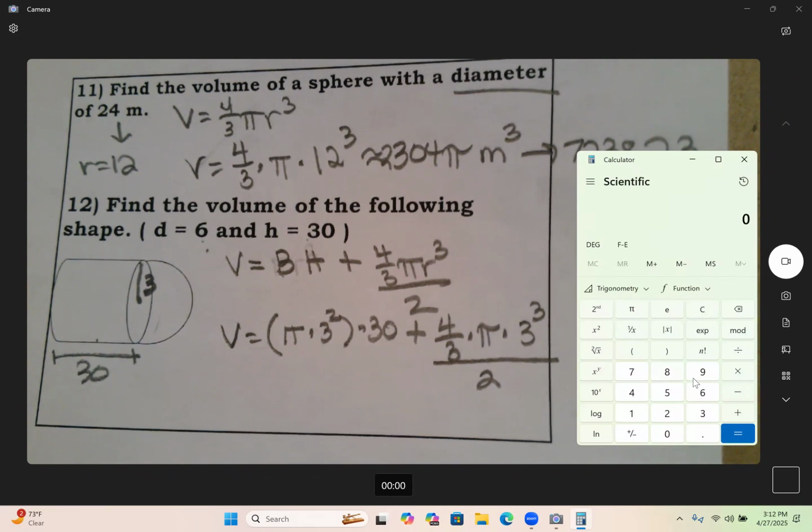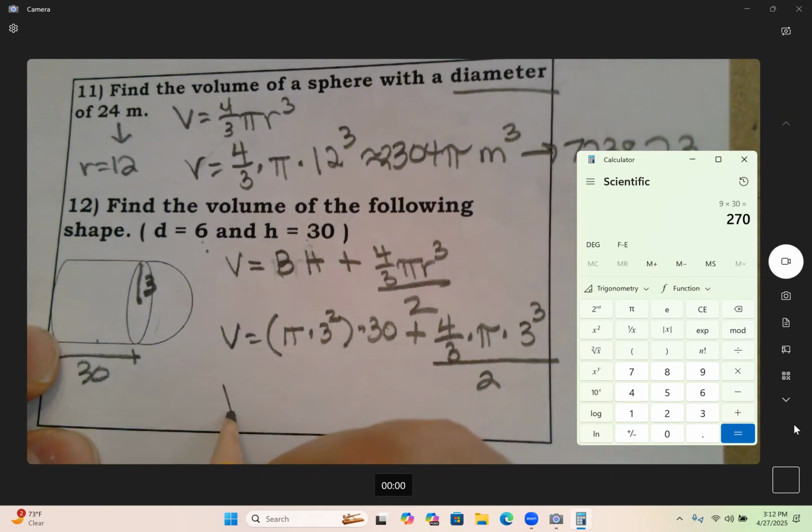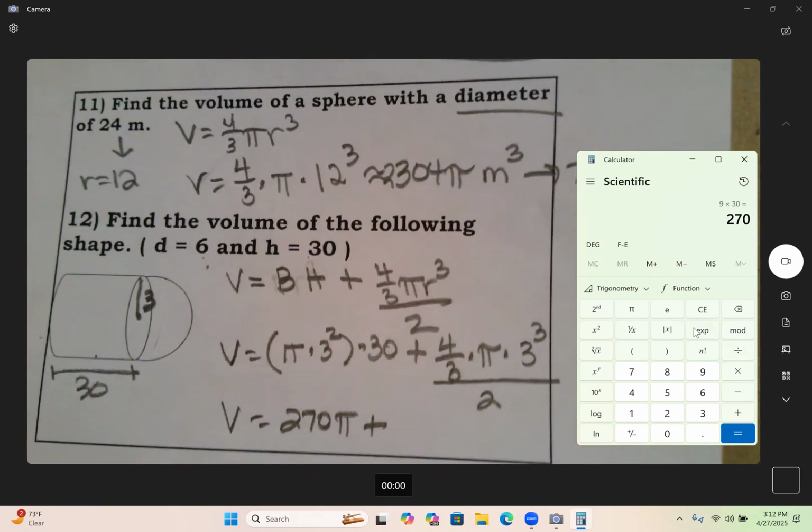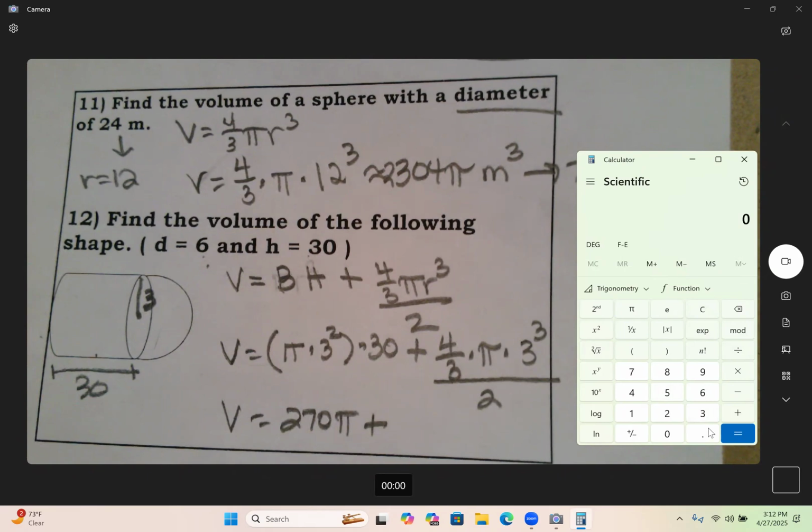All right, so we're going to work this out now. 3 squared is 9, so 9 times 30 is 270. So the volume of the cylinder is 270 pi. Now we're going to do the volume of the hemisphere. 3 to the third power is 27. Then times 4/3, and then divide by 2.